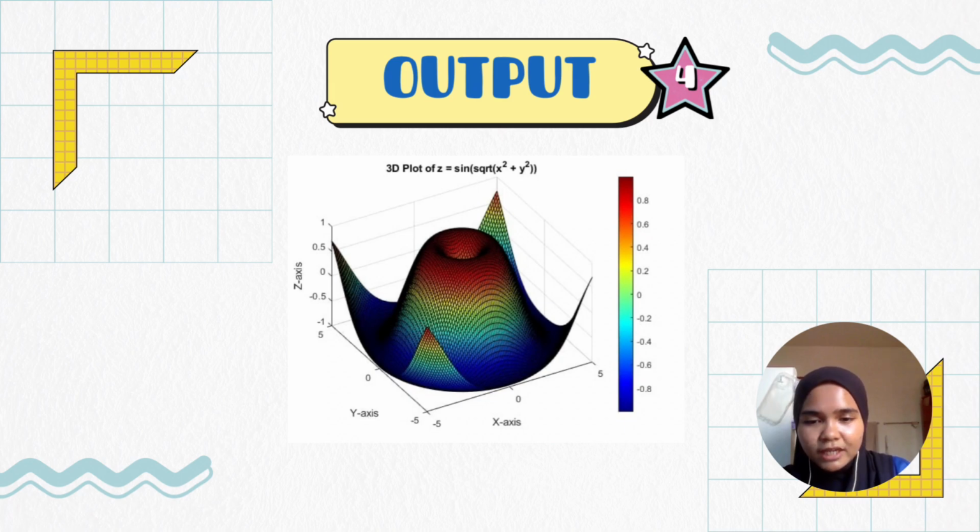Then we have the x-axis, y-axis, z-axis, and at the right side of the graph we have the color bar as it indicates the scale of the z value. And as we can see, the graph turns out like this. The color of the graph turns like this because we changed the color scheme to colormap jet.